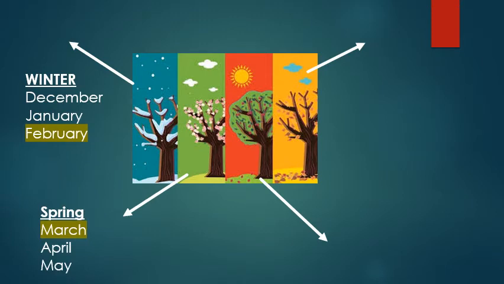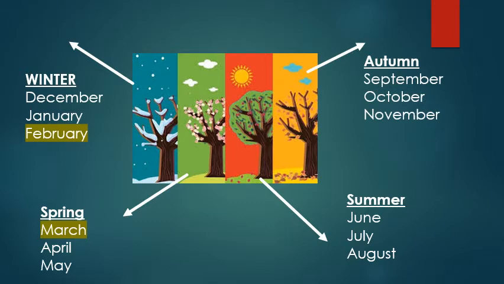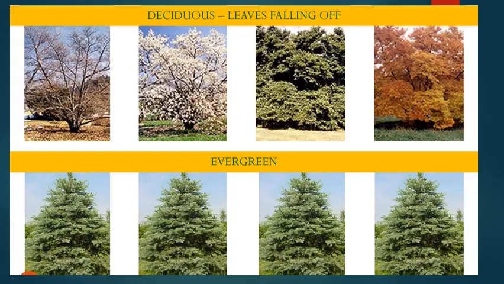Then we're coming into March, April and May. They are the spring months, when the trees and the flowers start to blossom. Then in summer, June, July and August, we have full thick trees with leaves. And then into autumn again, September, October and November, is when deciduous trees start to lose their leaves.